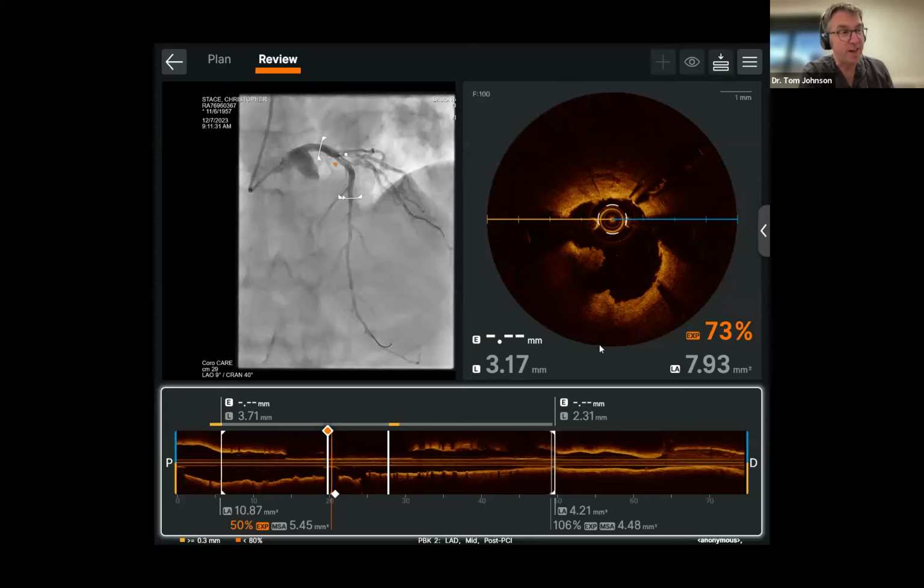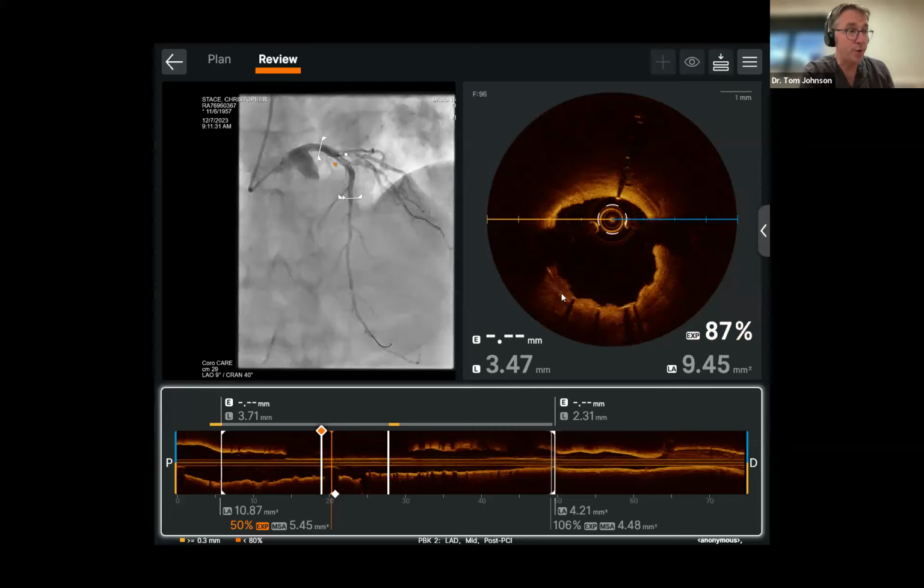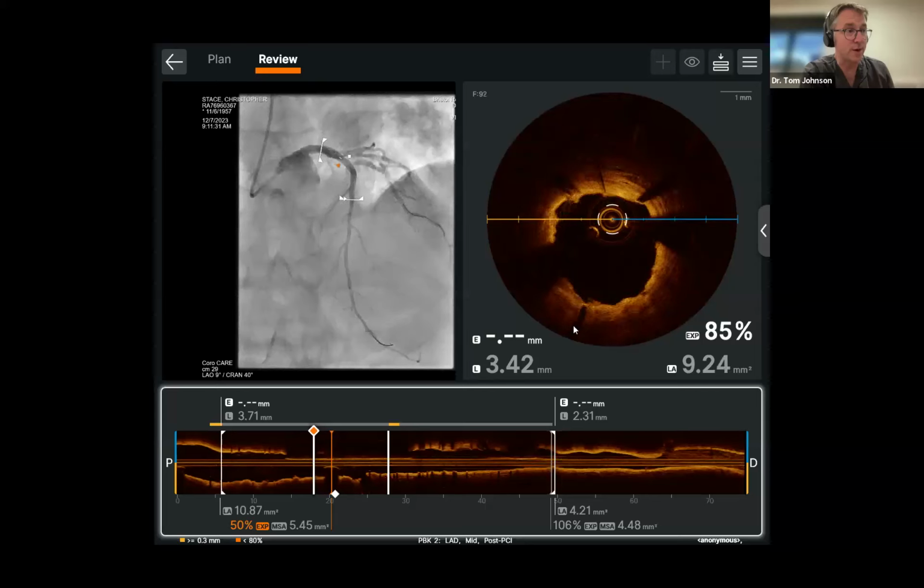The question then is how you manage this, because what we're seeing here is this irregular lumen contour, which is representative of the lipidic plaque that the stent has landed into, and then protrusion of both tissue and, due to the acute ST elevation nature of this, also thrombus protruding into the lumen.